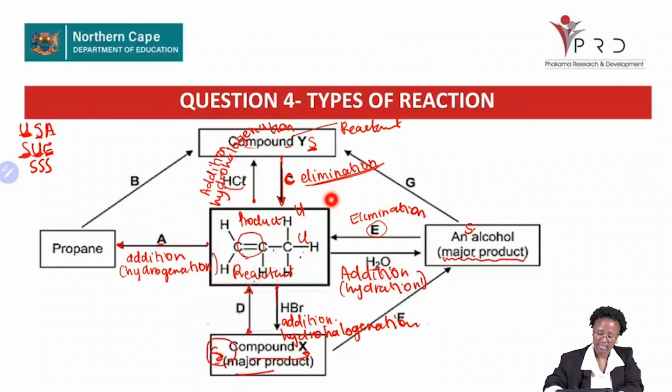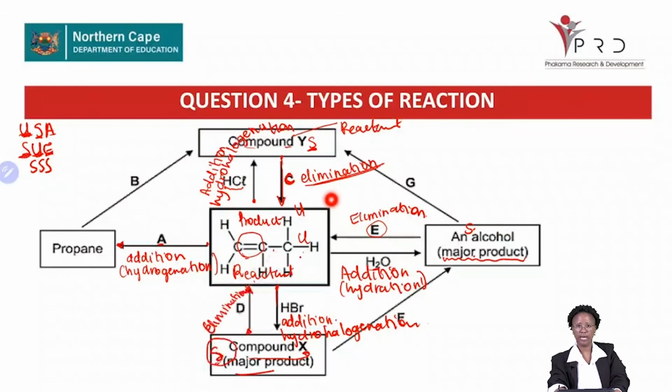So this means that D is elimination. What was eliminated is what was added. Okay, whatever was added is what was eliminated. So because you added HBr, it was hydrohalogenation. That means the type of elimination there will be dehydrohalogenation. All right, guys, I think we have exhausted all the types of elimination reaction.